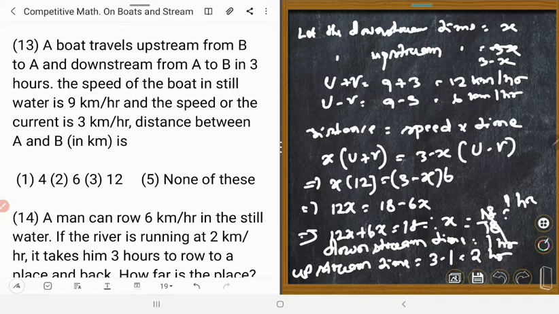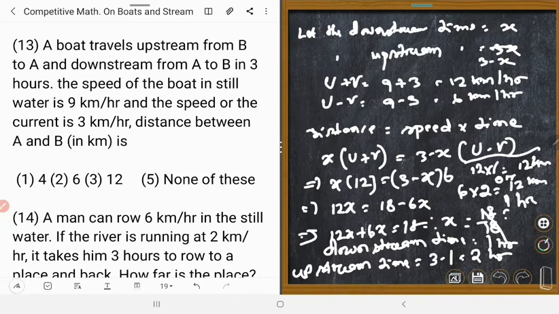So distance, which means speed into time, is 12 into 1 is equal to 12 kilometer, or 6 into 2 is equal to 12 kilometer.